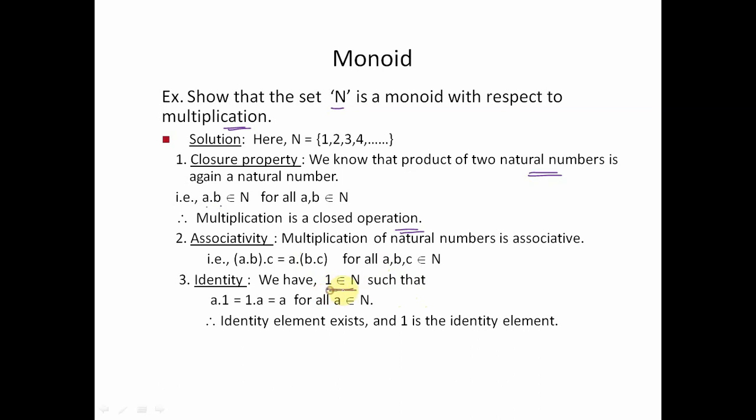One is an identity element for multiplication, such that a multiplied by 1 and 1 multiplied by a are both equal to a. So the identity element exists and it is 1. So we have the closure property, we have the associativity, and we have the identity. So this is a monoid. N is a monoid with respect to multiplication.